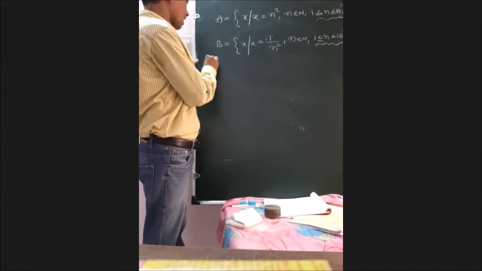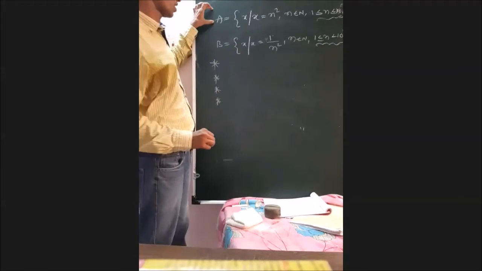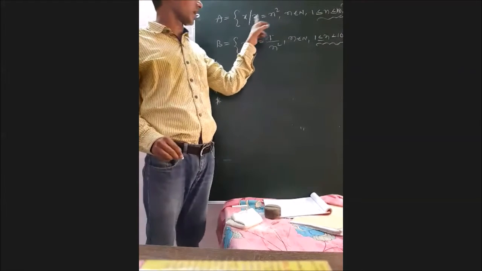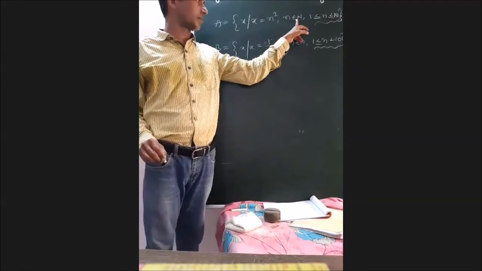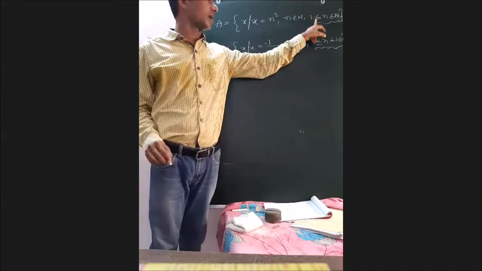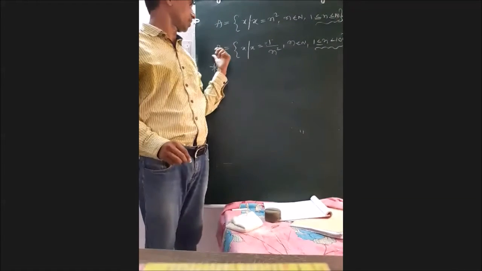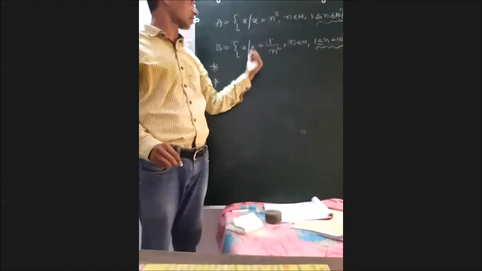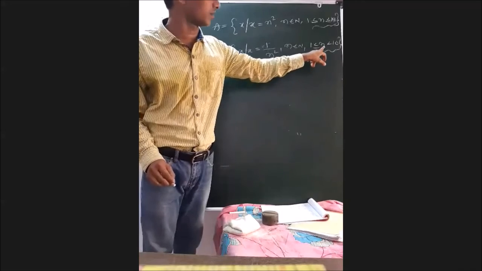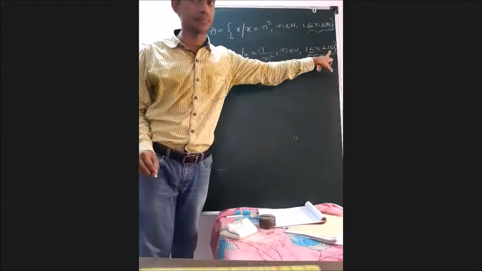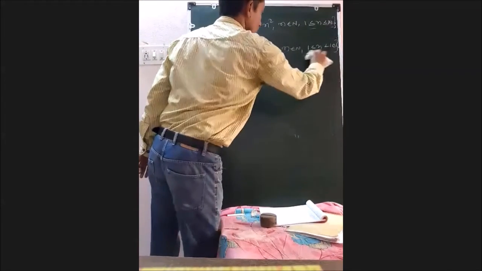Now I can ask many questions based on this. The question is: A is x such that x is equal to n square, n belongs to N, and 1 less than or equal to n less than or equal to 10. Now B is another set: x such that x is equal to 1 by n square, n belongs to N and 1 less than or equal to n less than 10. Please find out the difference. Now note my question.